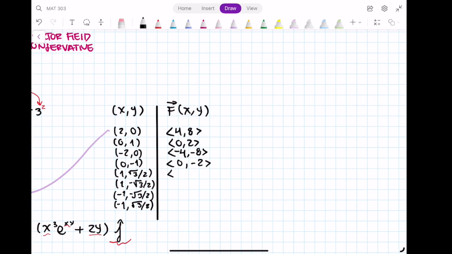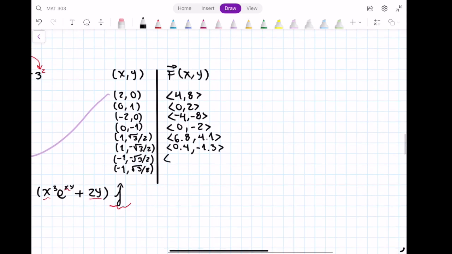Now let me see. Comma -1. Probably there are too many points, but it will be good for us to start.